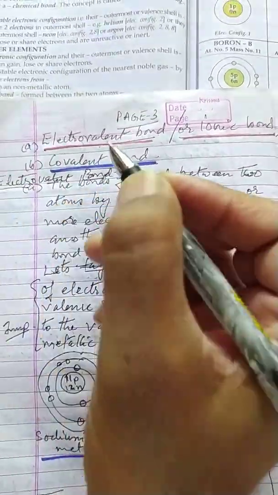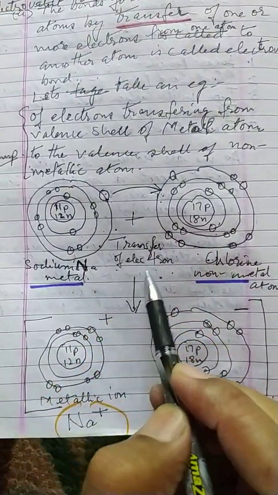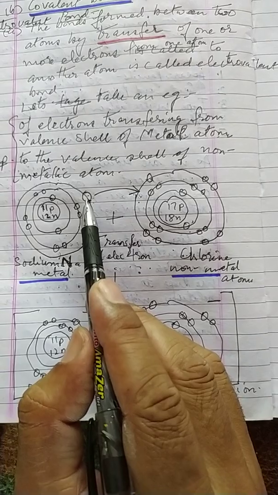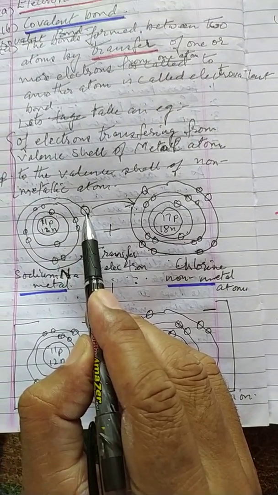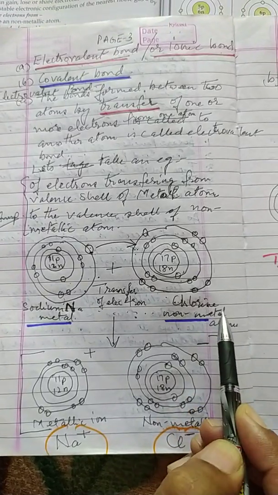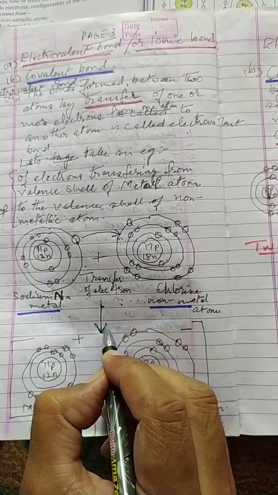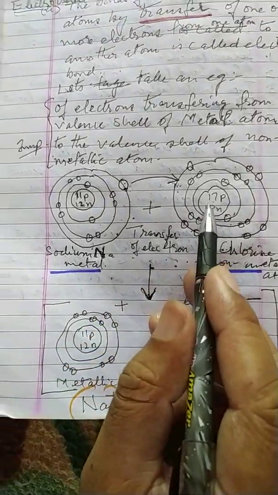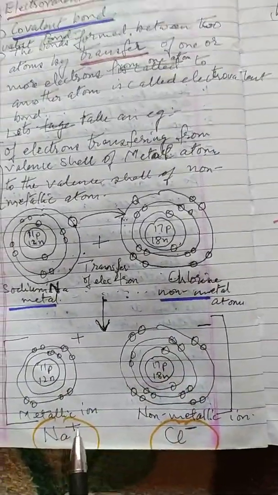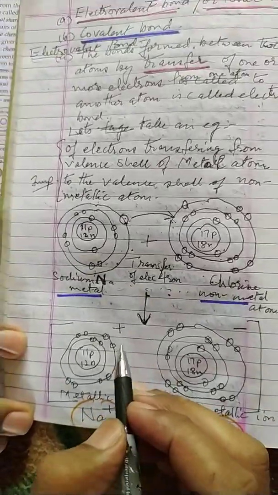So in an electrovalent bond or ionic bond, we see that there is a transfer of an electron from the valence shell of a metallic atom to the valence shell of a non-metallic atom. Now what happens here? After the transfer of the electron takes place, sodium loses 1 electron.